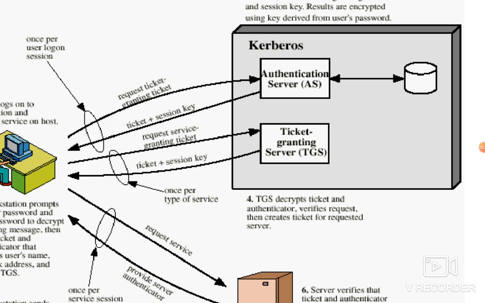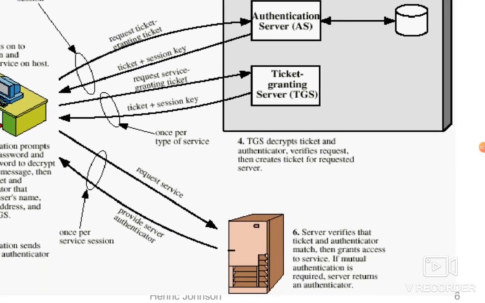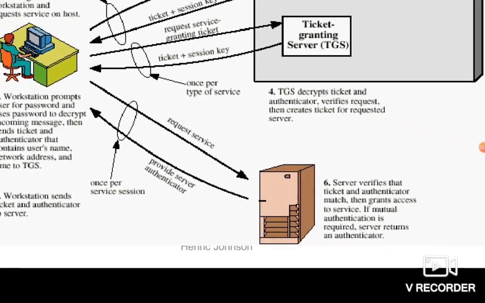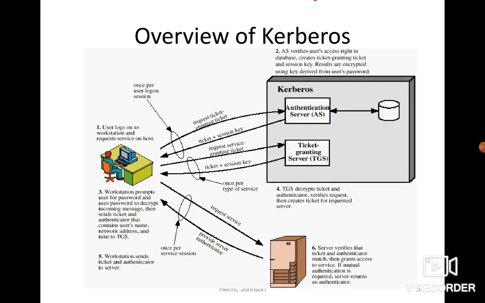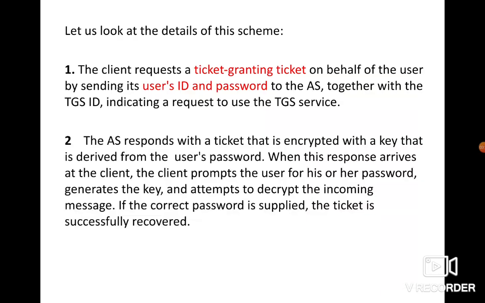From the authentication server we get the ticket granting ticket. Using that ticket, he has to approach a ticket granting server for obtaining a server ticket. By getting the server ticket, he can directly approach the server, and from the server we can get the service. So this is the overview of Kerberos.